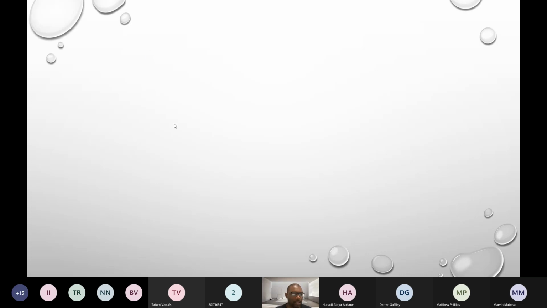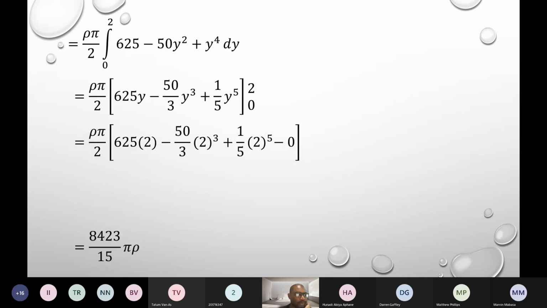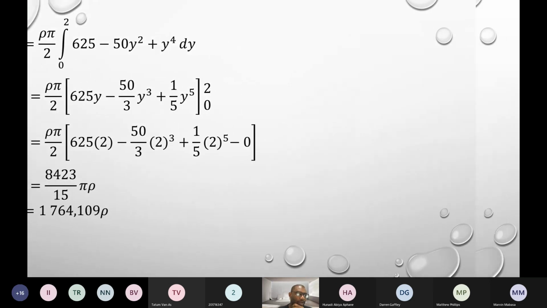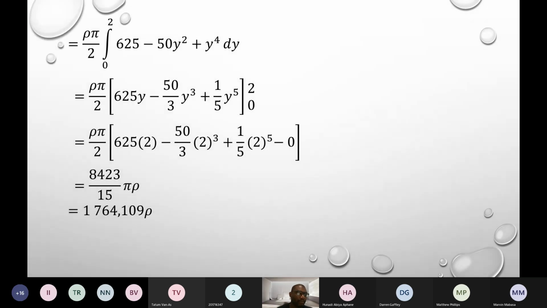So, as I was saying, this is the final answer for moment of inertia for example 1. And in terms of mass, remember, when you get your answer, it will be in terms of density. There will be a rho there.